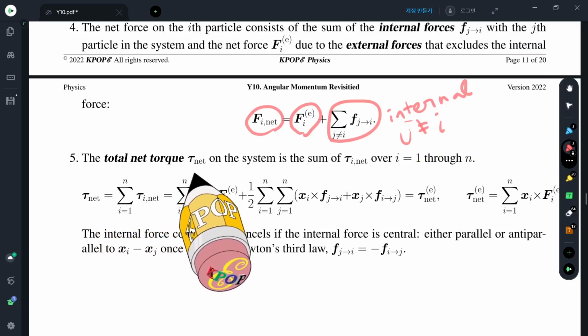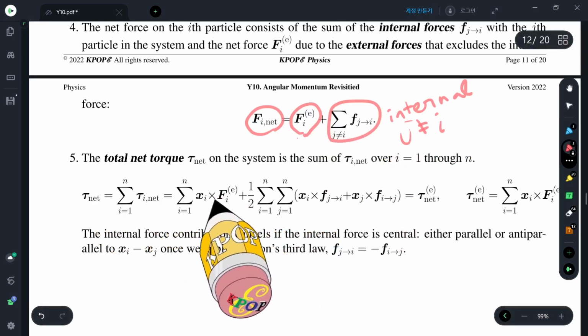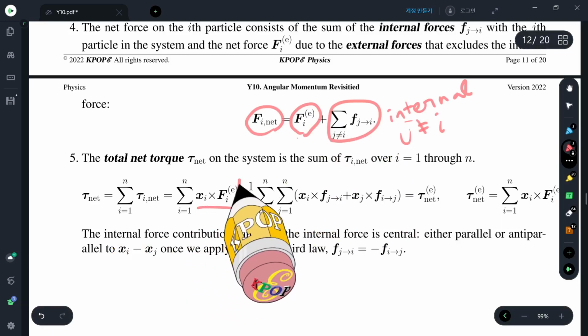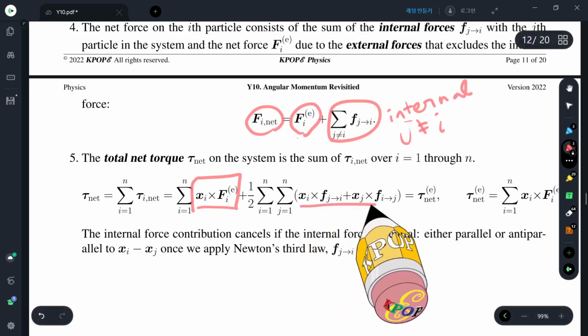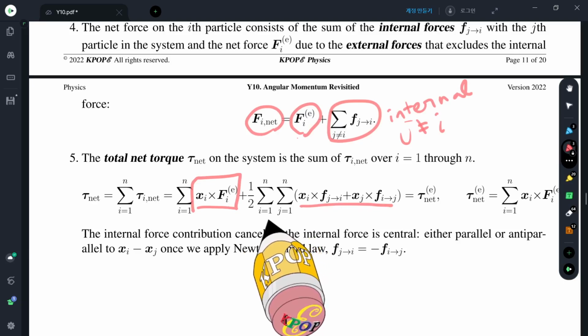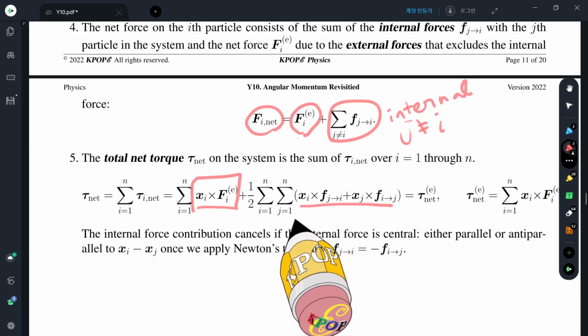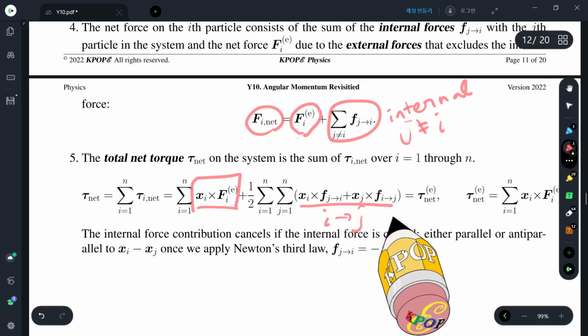Total net torque can be computed by using this formula. We have external force contribution to the net force and internal force contribution. If we sum everything all together, then there are contributions from i to j and j to i.